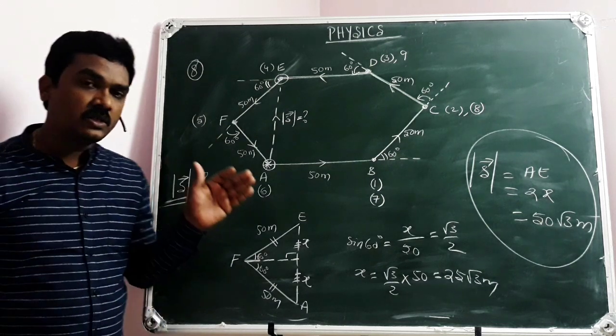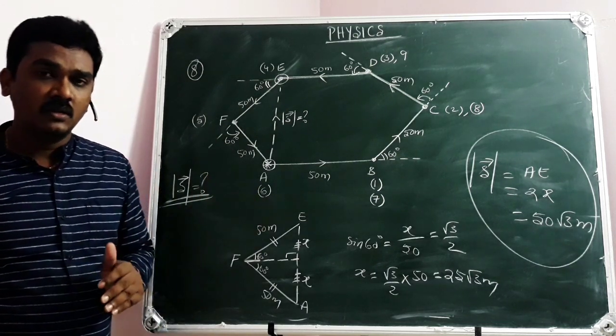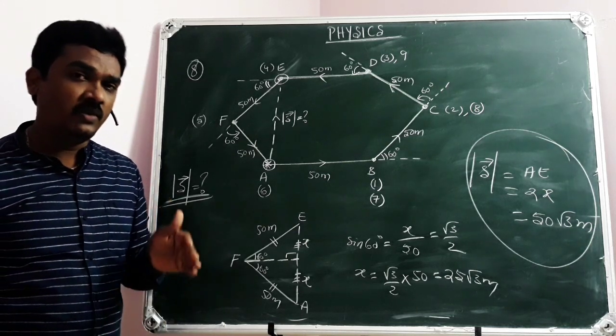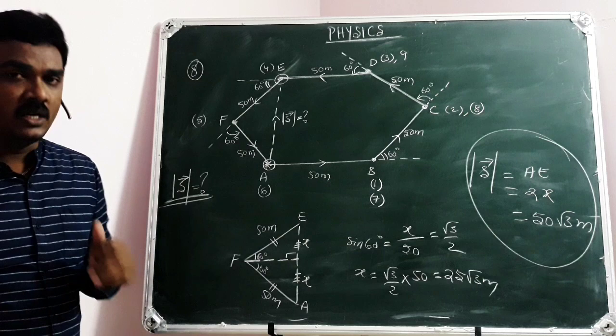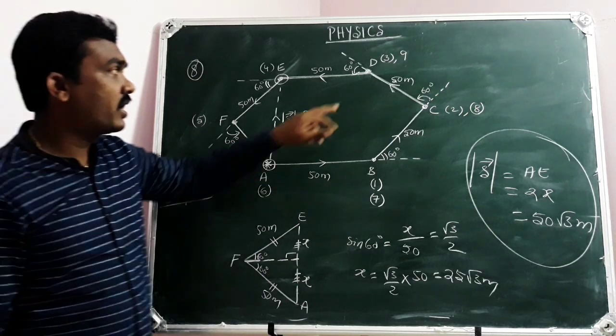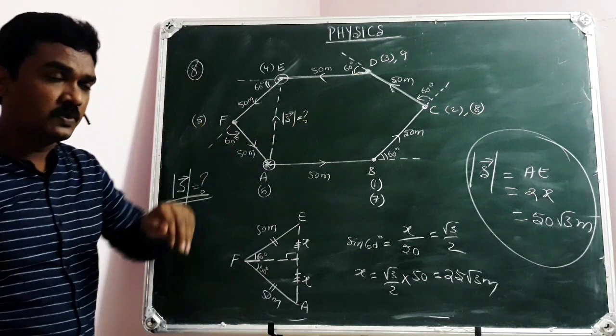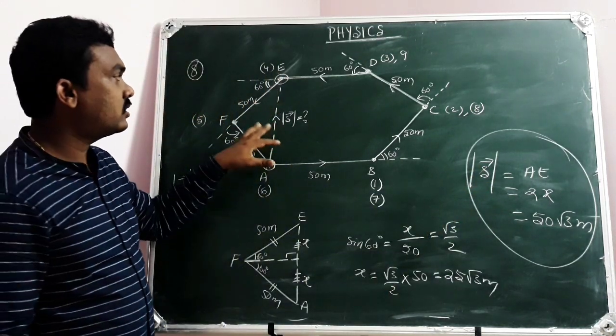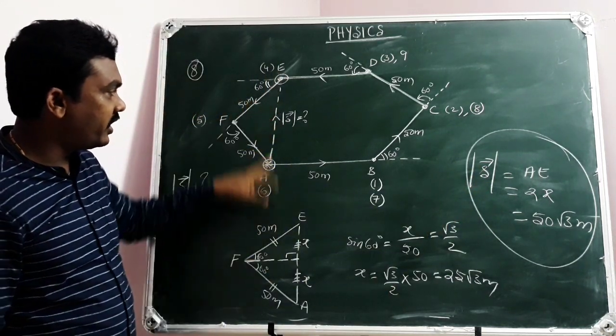So when the person travels along the straight path and takes a left turn through 60 degrees for every 50 meters, then his displacement after the 9th turn is 50 root 3 meters. To know this, you should apply a little geometry here.